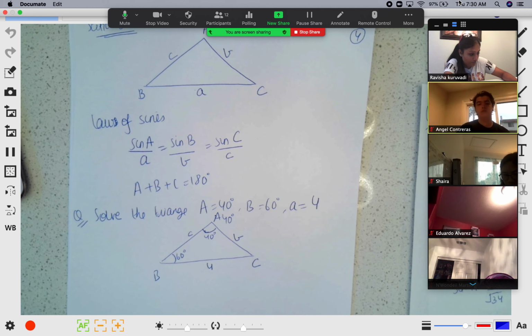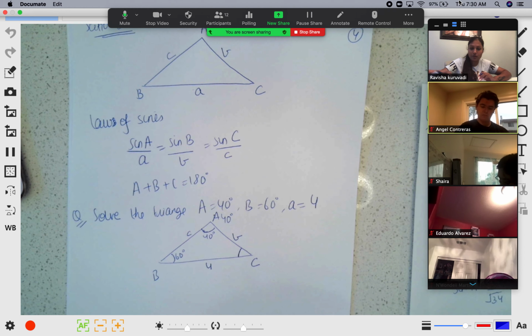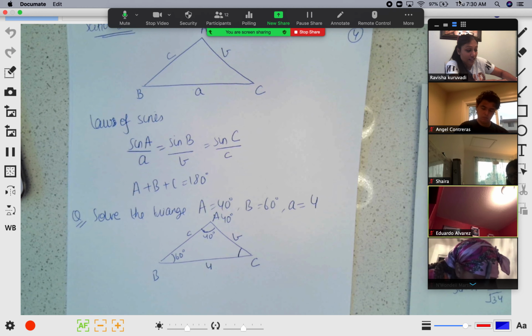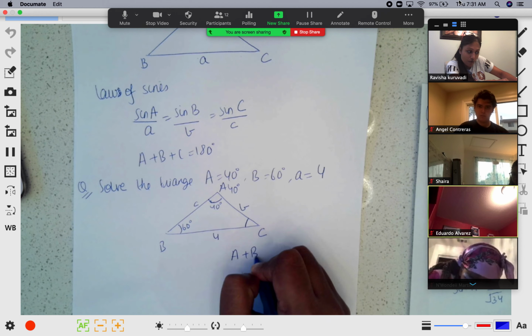And they also want you to find this angle here. Okay. Anyone can tell me how to start? Yeah. First thing we can do is solve for 180 because you're already given two angles. Yes, that's true. He is absolutely correct. So you are given A plus B plus C is equal to 180 degrees.